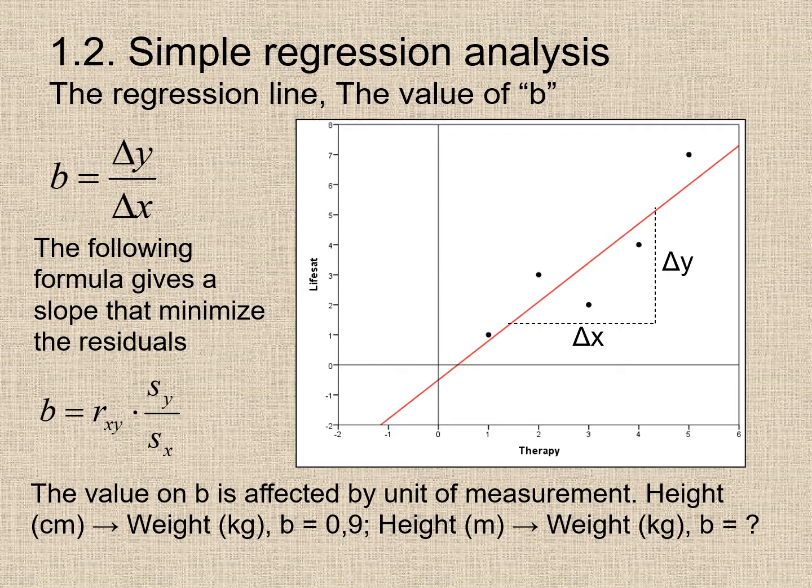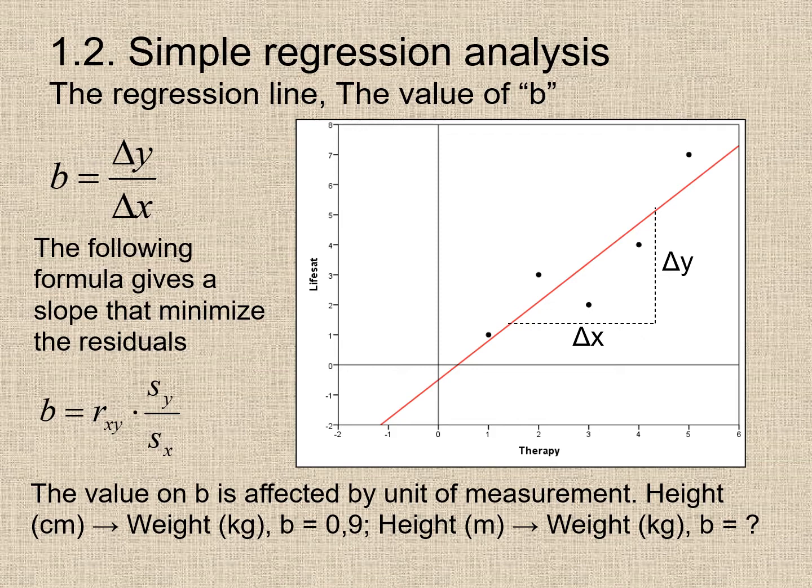The value of B here, the slope, the non-standardized regression coefficient, is affected by unit of measurement. So if I take real data, I had an example here. I take real data where I have people's height and their weight. So if I predict weight in kilos from height in centimeters, I get a regression coefficient of 0.9. What does that mean?